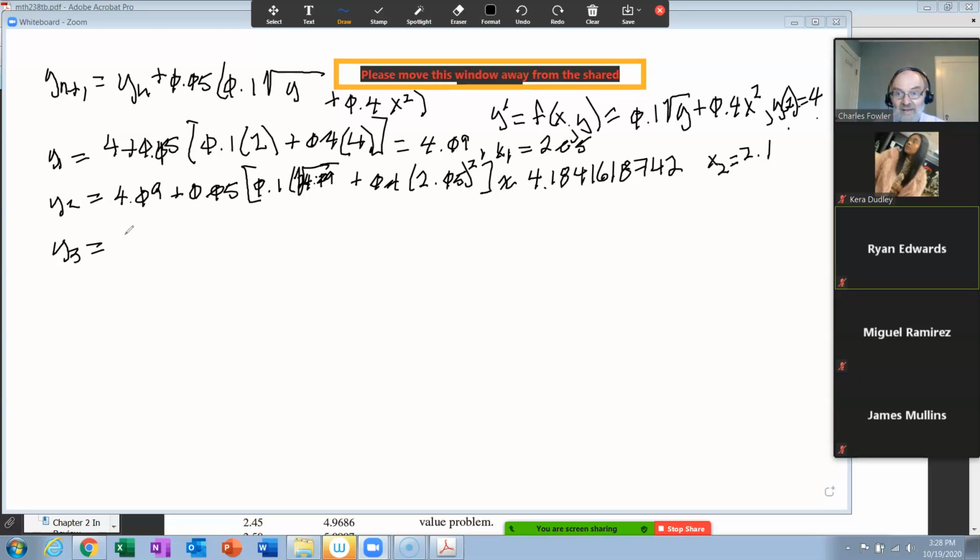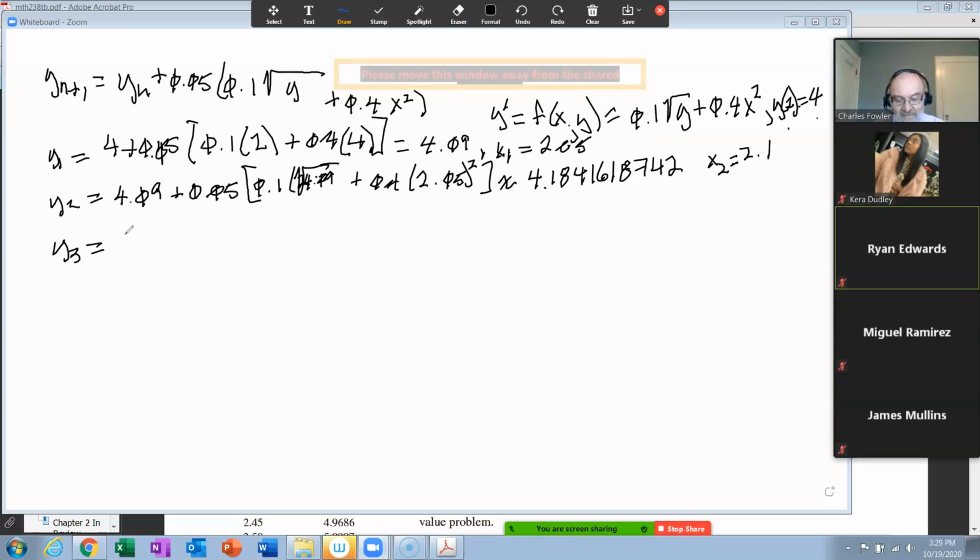Plus 0.05 times, open parentheses, okay, 0.1 times, okay, now I've got to type in all those numbers, 4.18416187. I don't need that many.